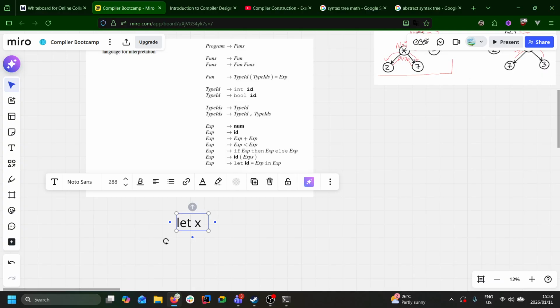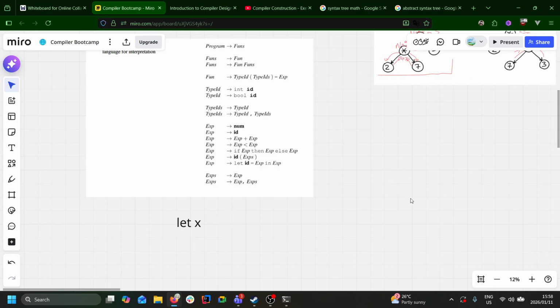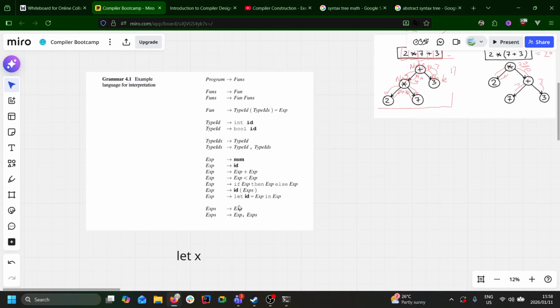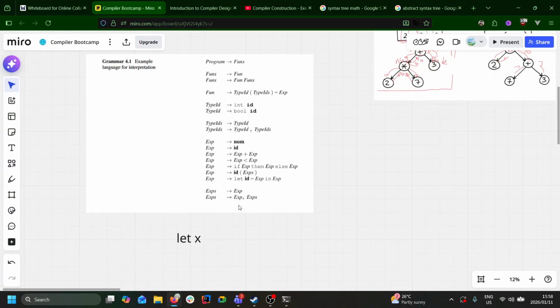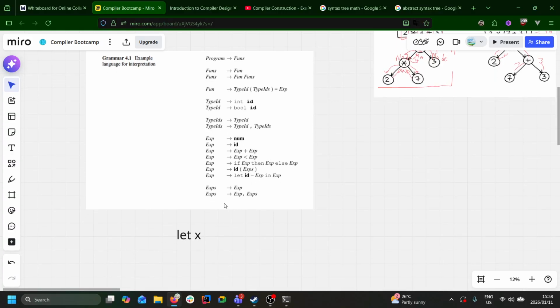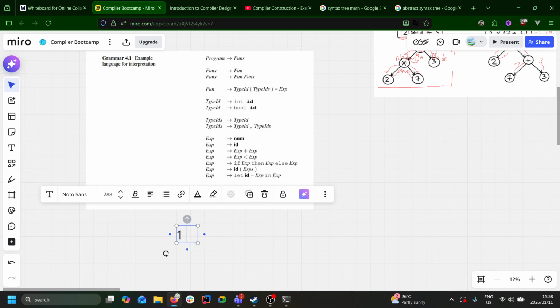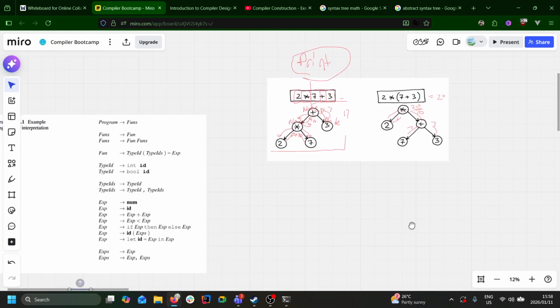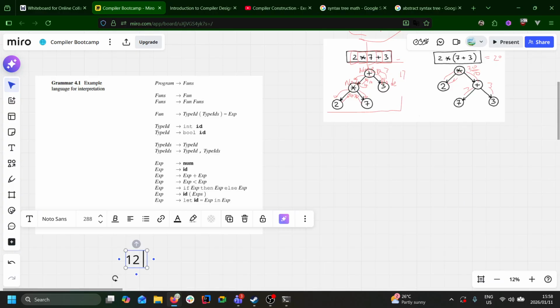Let X, just something simple to work with, like an addition. Okay, now let's just do 2 times 7 plus 3, the same example over here.